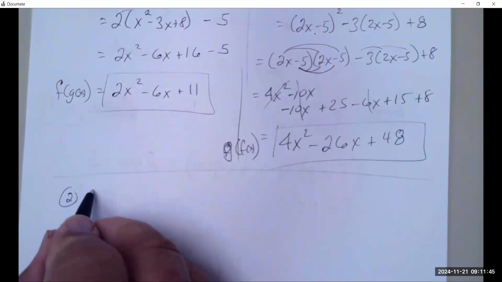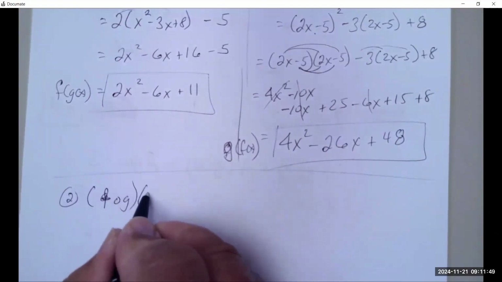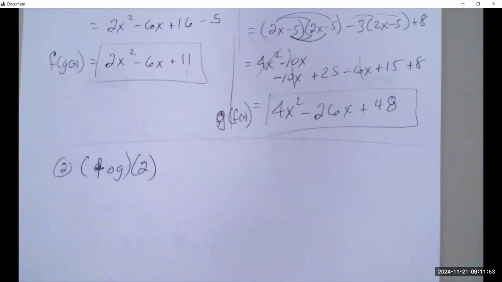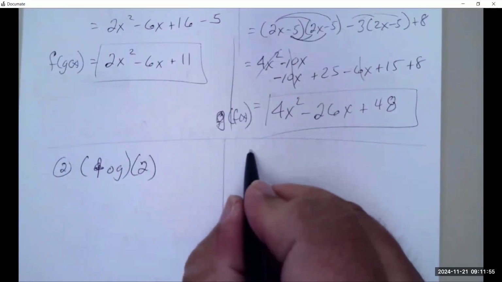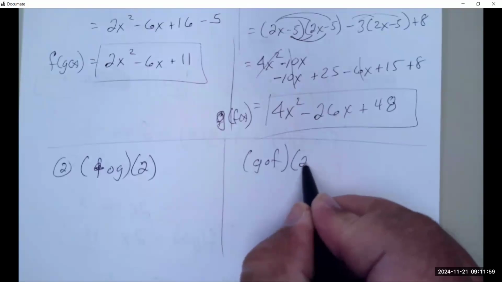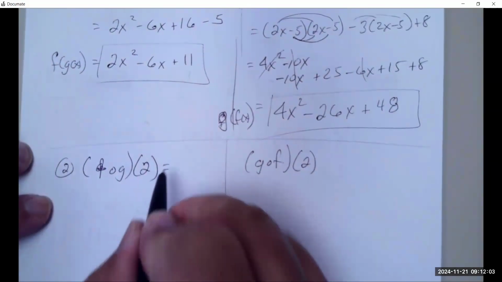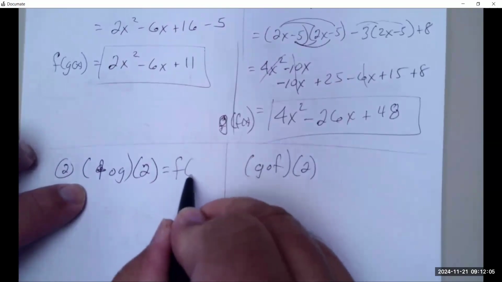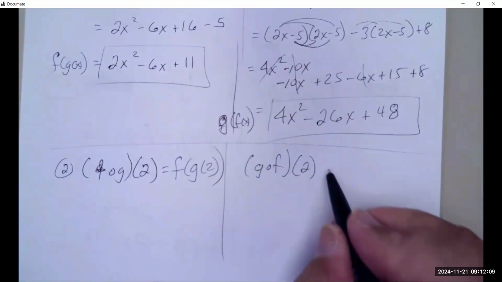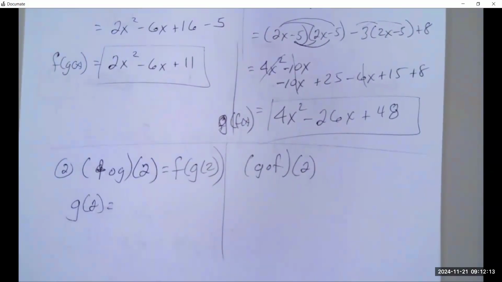What if I had the same question, but I'll make something smaller here. I'm going to put a number in there. Actually, it makes it a lot easier. Because remember, this one means f of g of 2. So with this, we first have to find g of 2.